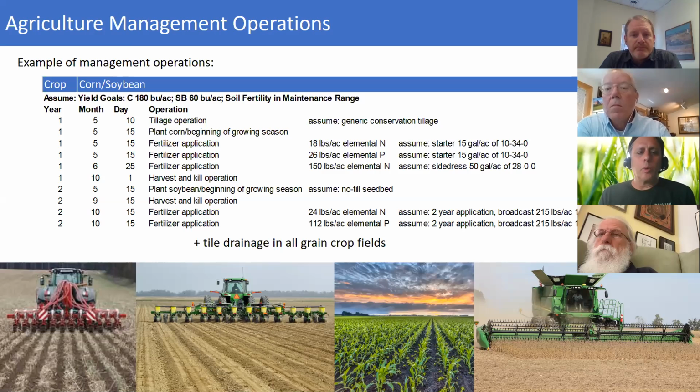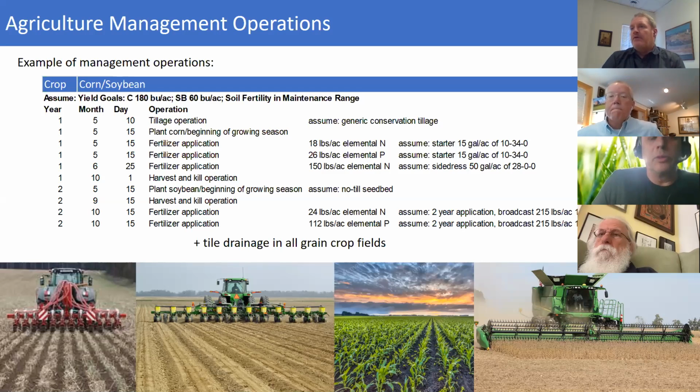And then also, I do want to mention that we've considered tile drainage in all grain crop fields, and we'll talk about that in the next slide. So again, showing here some of the types of operations that are being considered. So the model is pretty descriptive of what is happening in terms of these various operations. I'll stop there and see if there are any questions or comments on this.